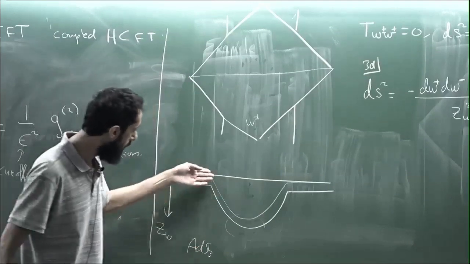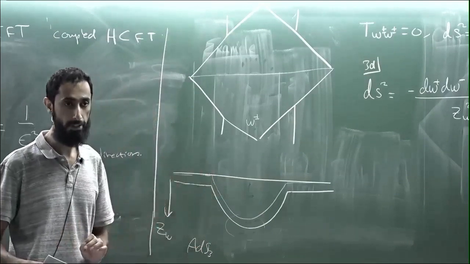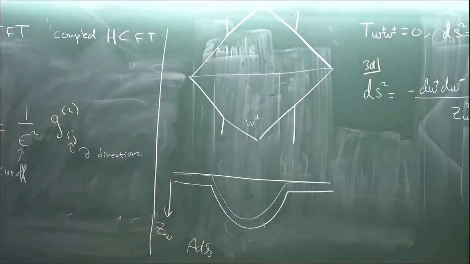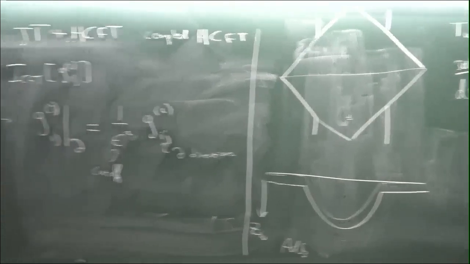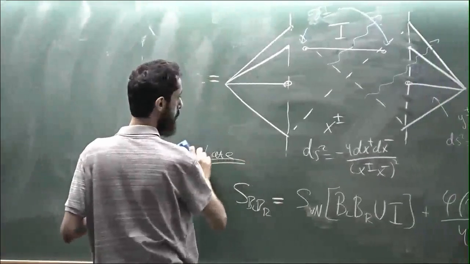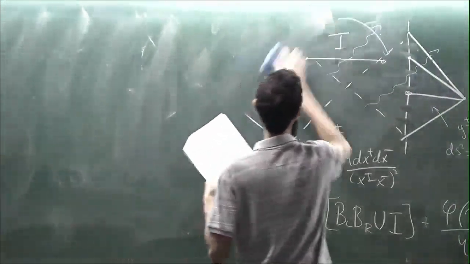Let me say a few more words, and maybe I'll mention that. So there are 3 different perspectives one can take in viewing this system. The first is what I'm going to call the no gravity perspective.